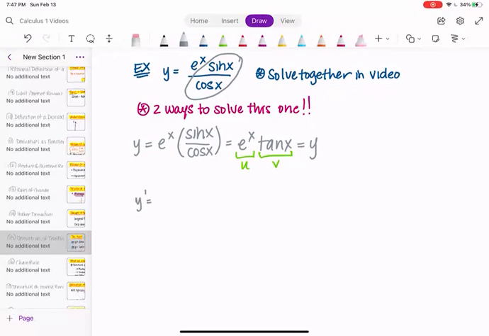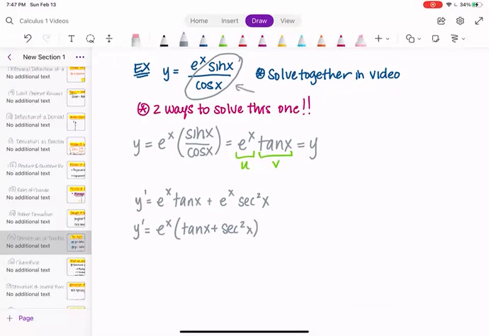So we're going to do the derivative of u, which is that, times v left alone, plus u left alone, sorry, times the derivative of v. And what we'll do is simplify that by factoring out an e to the x, and we'll do tangent x plus secant squared x. And that's our answer.